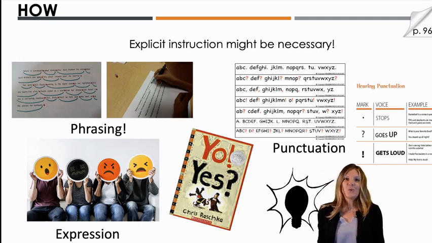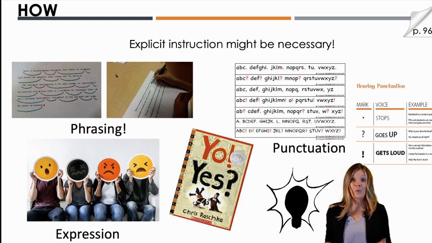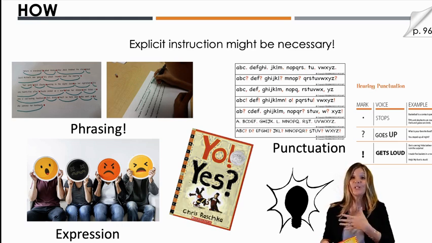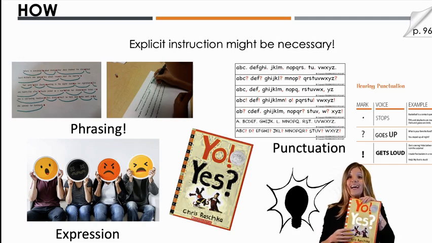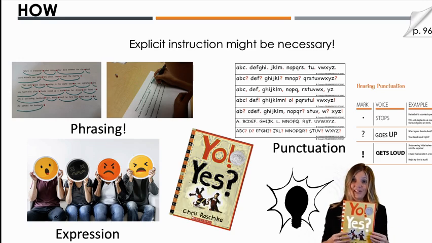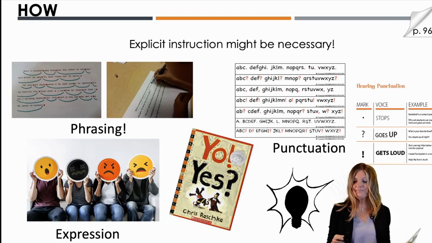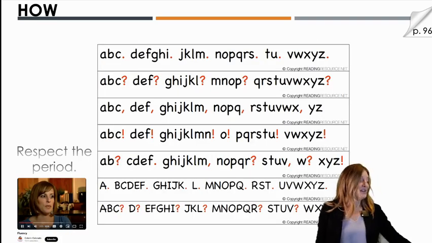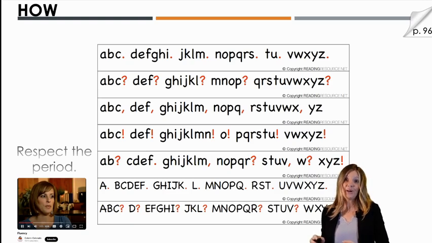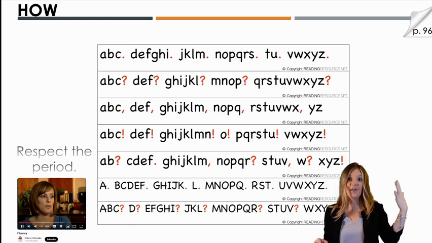Just this 2 or 3 minute story can show kids how important expression is, right? That the story totally changed, and all I did was match my expression using the punctuation to match what was happening in this story. You can also do this by giving them things to read with punctuation marks that they don't have to decode or think about at all as far as content.